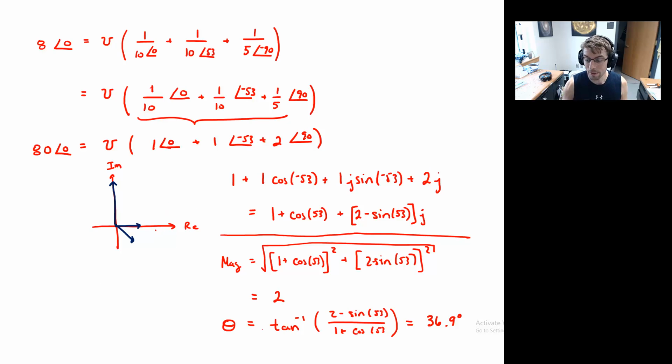So what do we have now? We have the current supply, 80 at 0, equals V times the phasor 2 at 36.9 degrees.